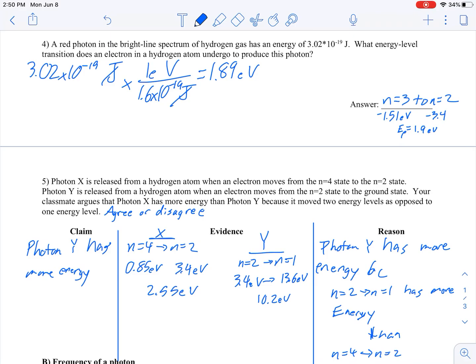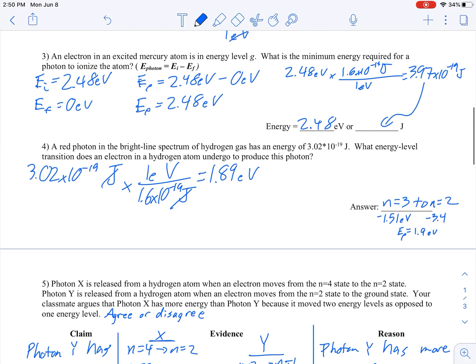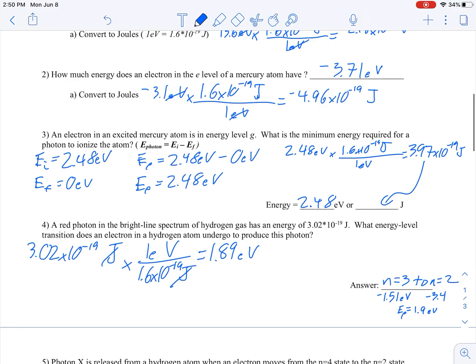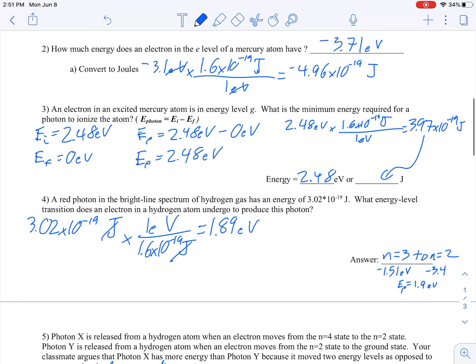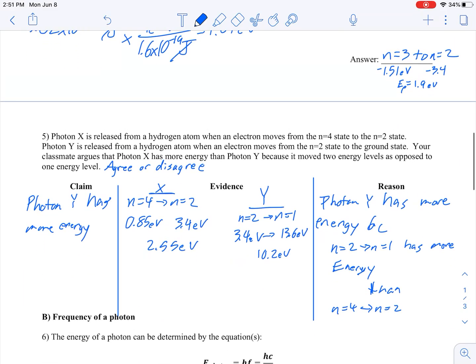Now, one important thing I want to mention here, and I mentioned at the end of last class, these photons that we're talking about, it is the only photon that is emitted. Photon X is released from a hydrogen atom when an electron moves from n equals 4 to n equals 2.